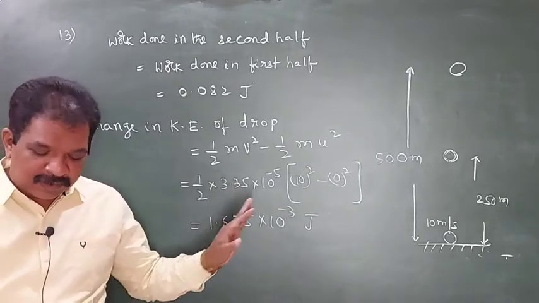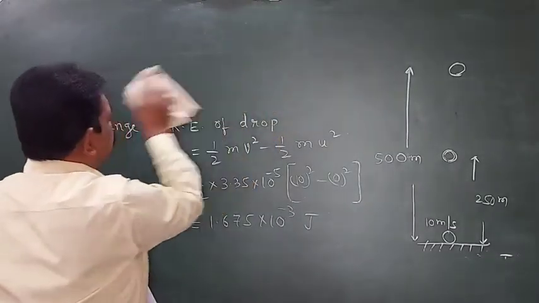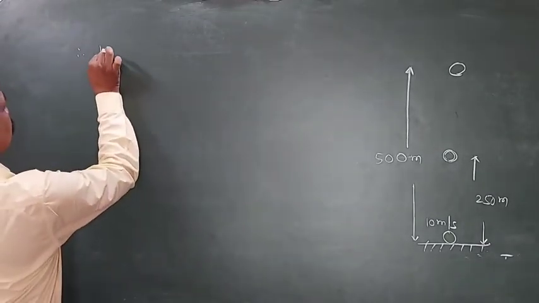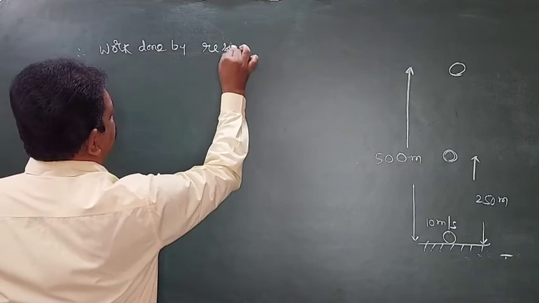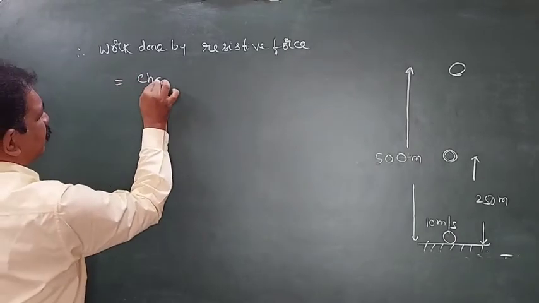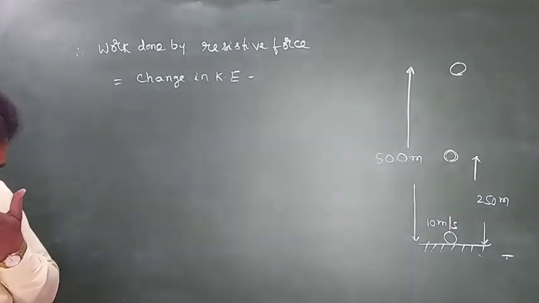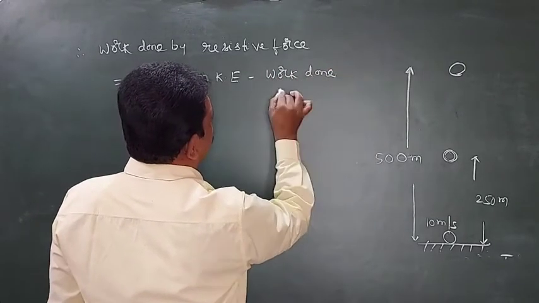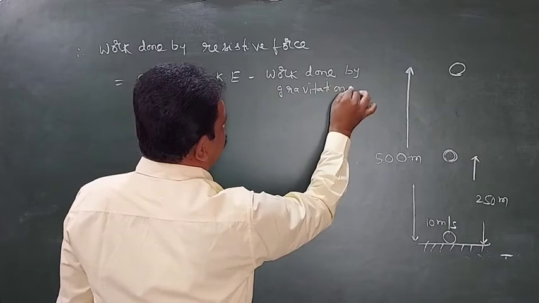So we will calculate the work done by the resistive force now. Therefore, work done by resistive force is equal to change in KE minus work done by gravitational force.